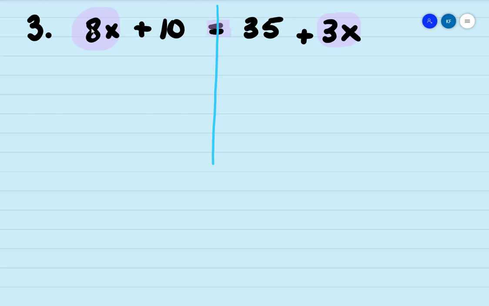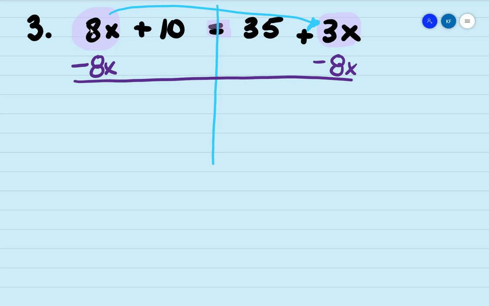So what do I need to do? I need to move this negative 8x, because it's positive, so I have to undo, to the other side. So this is -8x. And I'm moving in one direction. So this is 0.